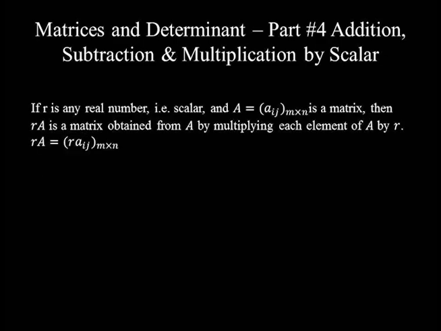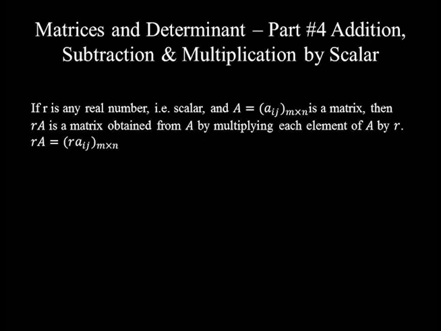If R is any real number, that's scalar, and A equal to A sub ij with order m by n is a matrix, then RA is a matrix obtained from A by multiplying each element of A by R, that is RA equal to R times A sub ij with order m by n.